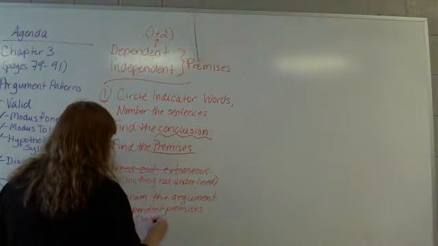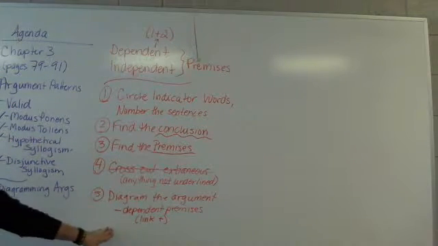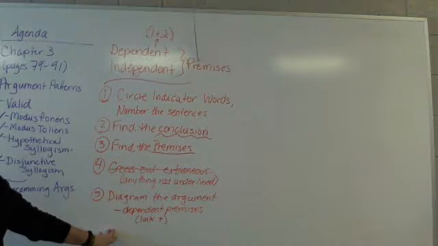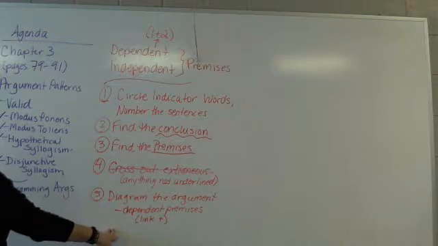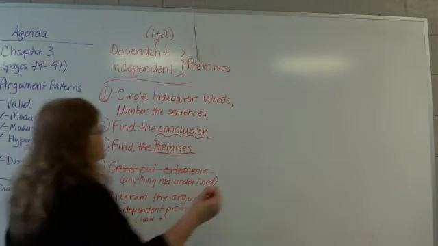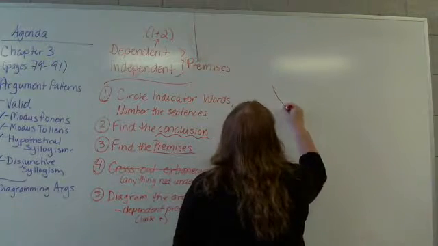Link with a plus. Independent premises stand by themselves. Sometimes you have an intermediate conclusion: a couple of sentences go together, that means this, but that's not the conclusion, and you move on. So you're going to end up with something that looks like this.